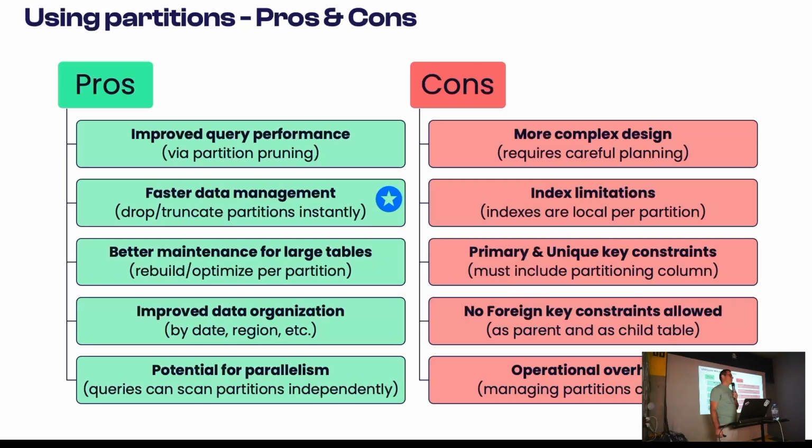So you might experience situations when some queries will need to scan multiple indexes before they find the correct records out of them. The other thing is, if you want to introduce partitioning, the primary and unique key constraints must have the partitioning column inside.